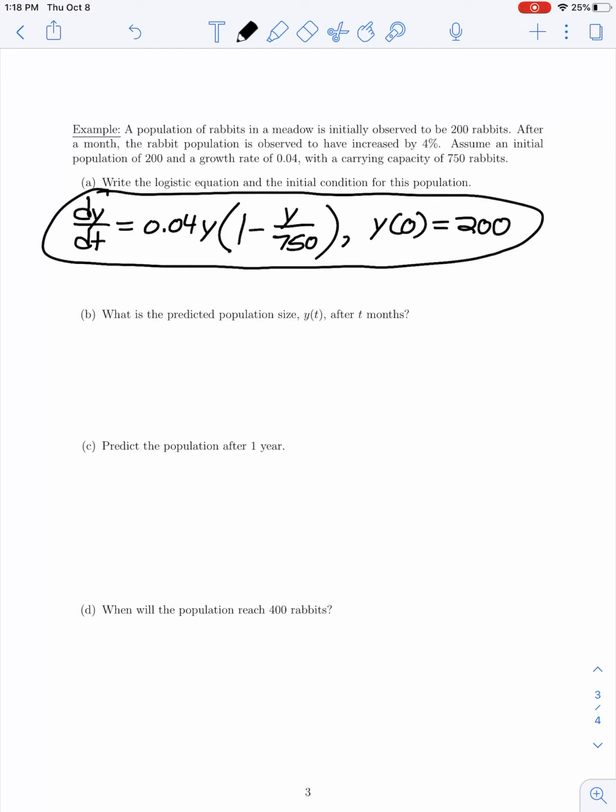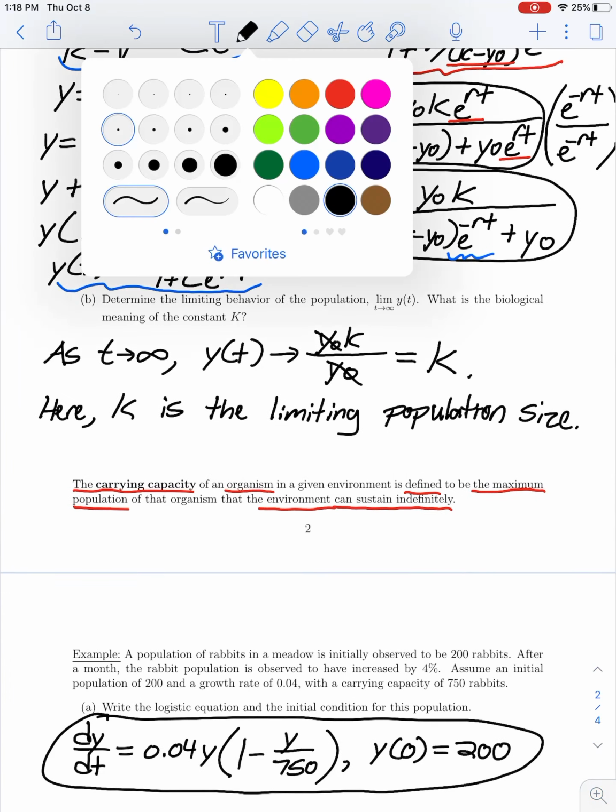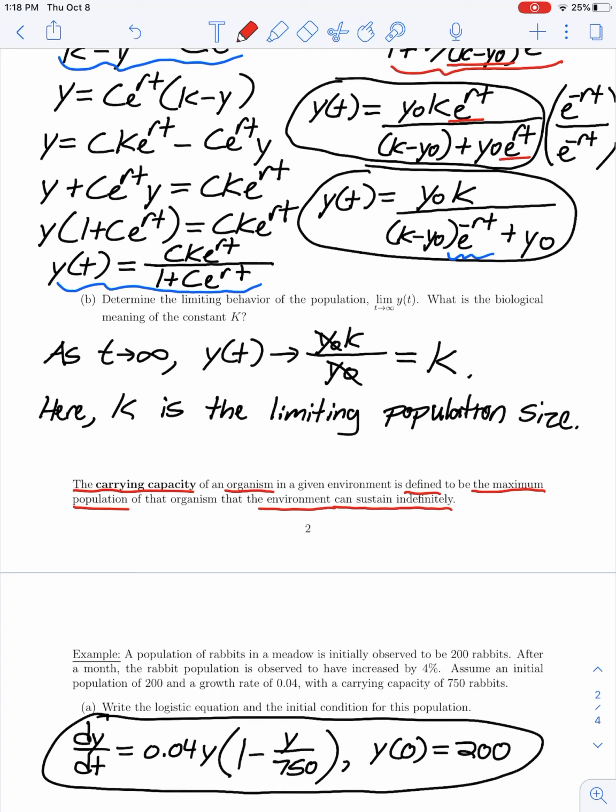In part B, we ask what is the predicted population size, y of t, after t months. So we want the solution of this differential equation. Now, rather than go through the work that we did in our first example every time that we see this logistic equation with different constants, we can use what we found in our previous example for all problems moving forward.